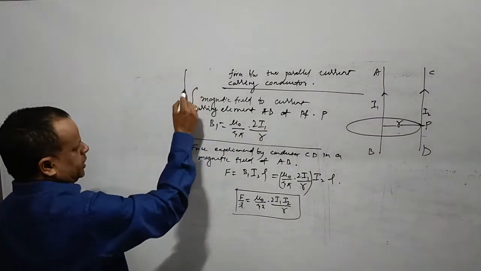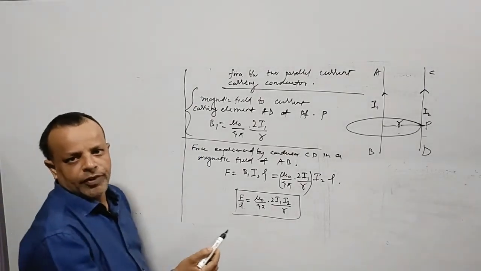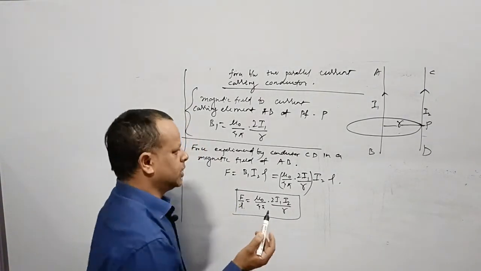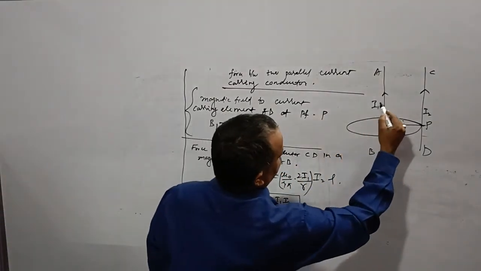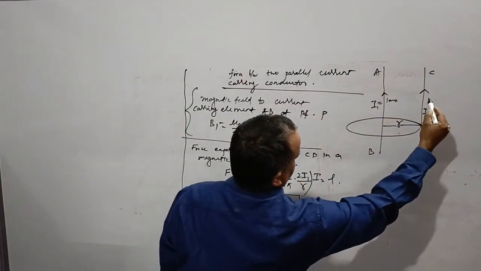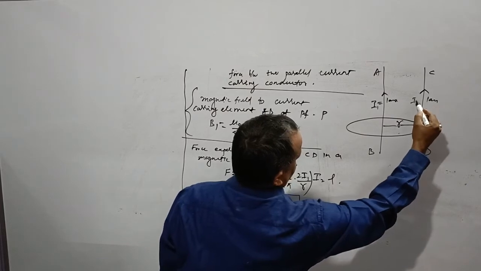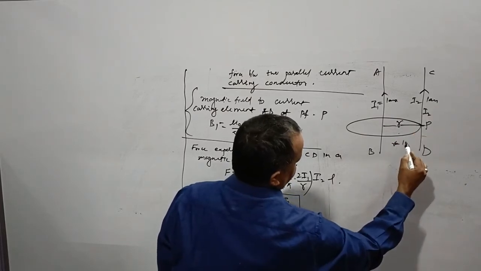On the basis of this, we can define what is 1 ampere. Let us suppose I1 is 1 ampere, I2 is also 1 ampere, and the distance between them is 1 meter.